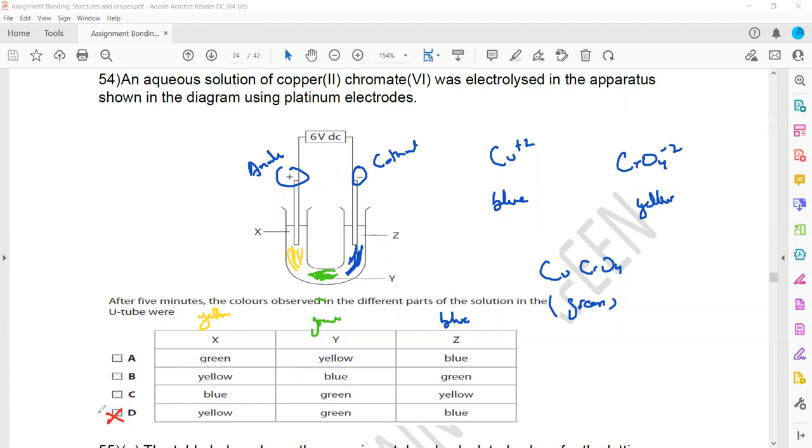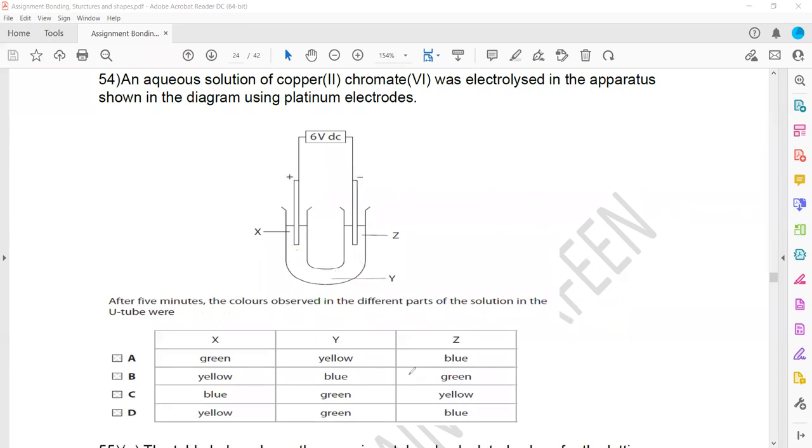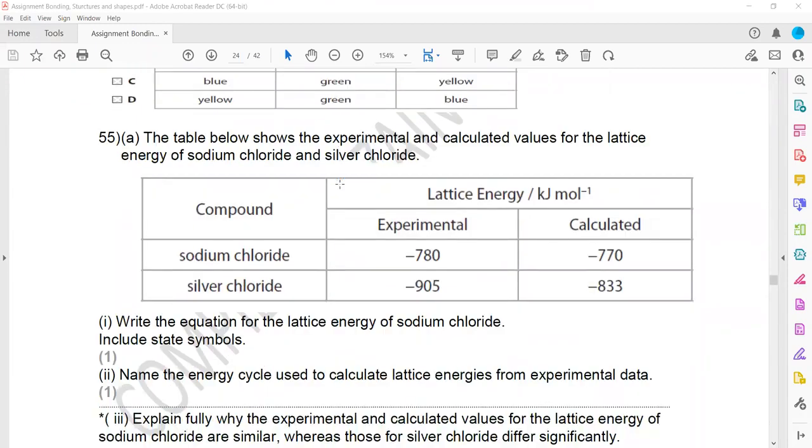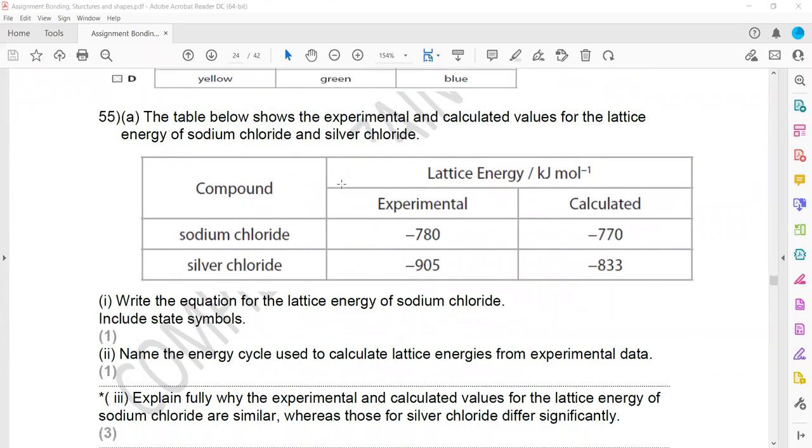Is it clear, this question about the electrolysis of copper chromate? As I mentioned, you have to learn the colors.